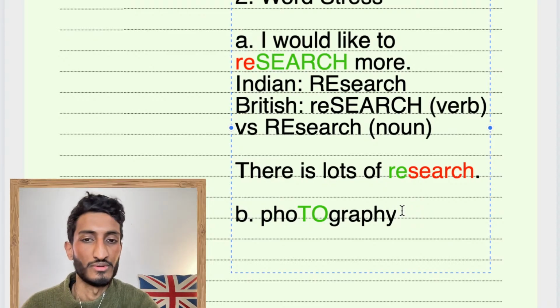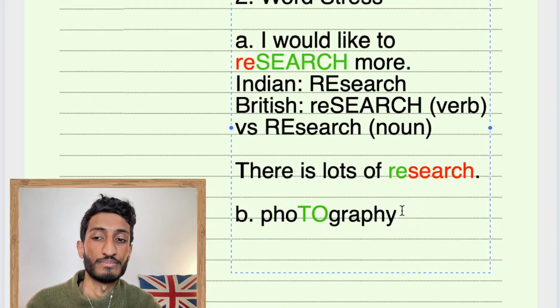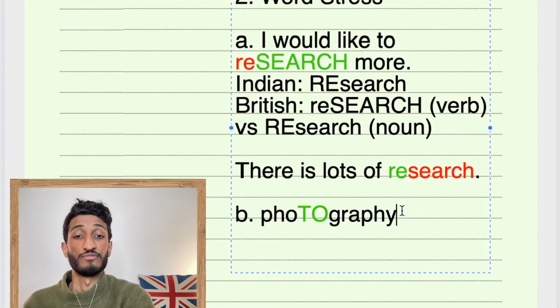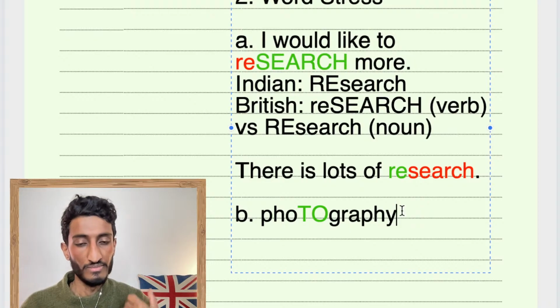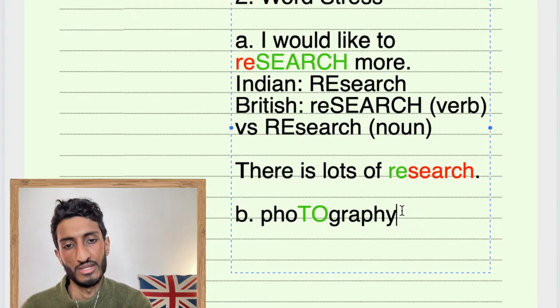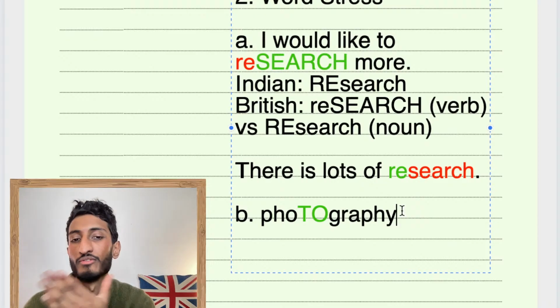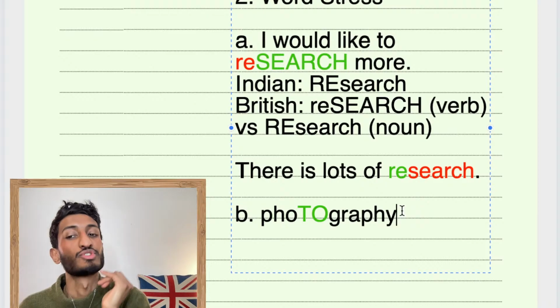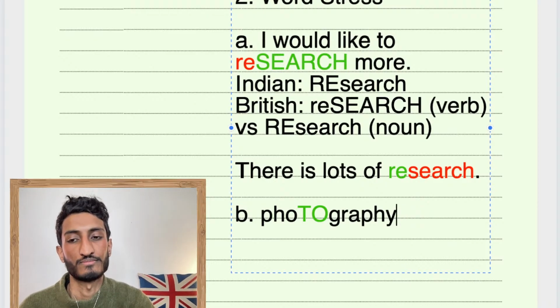So the first bit is photo and then graphy. But in British English, it would be photography. So say the first bit quickly, and then graphy. So try photography, photography. Try that for me.